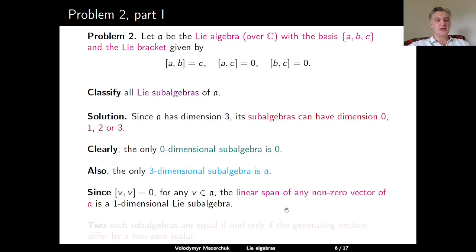Next, since for any element V in A, the bracket of V with itself is 0 due to anti-commutativity, the linear span of any non-zero vector of A forms a one-dimensional Lie subalgebra. So two such subalgebras are equal if and only if the generating vectors differ by a non-zero scalar. So this classifies one-dimensional subalgebras in A.